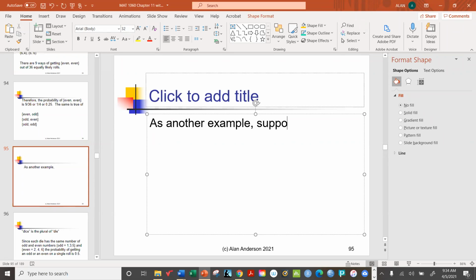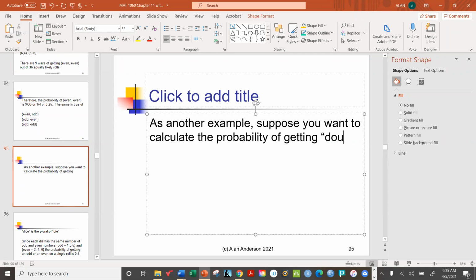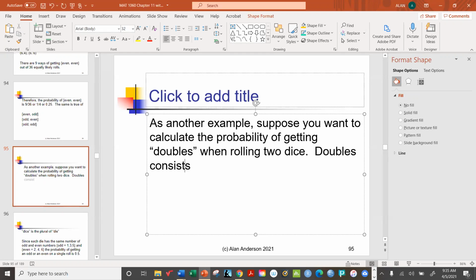As another example, suppose you want to calculate the probability of getting doubles when rolling the die twice, or rolling 2 dice. The doubles consist of, and then you just list them all: 1, 1, 2, 2, 3, 3, 4, 4, 5, 5, 6, 6.